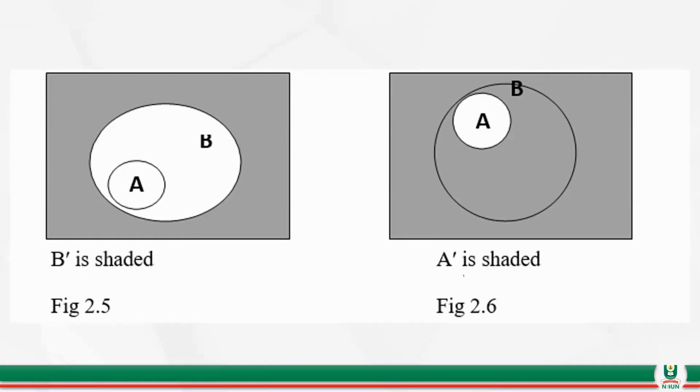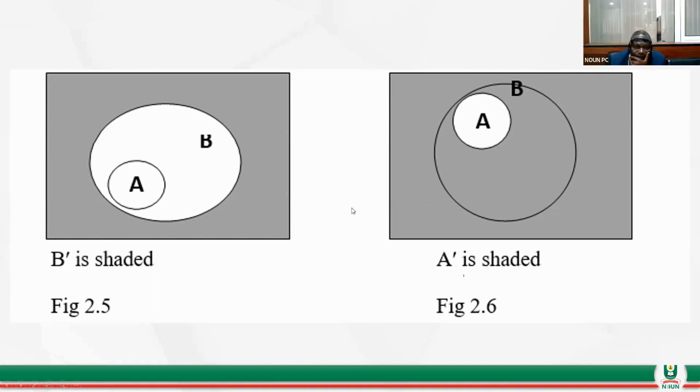So some part of B is involved with the universal set. Are you there now? Yes. So that white A is standing alone. Everything else aside from A is called A complement. Is that okay? Yes, sir. Thank you. God bless you.